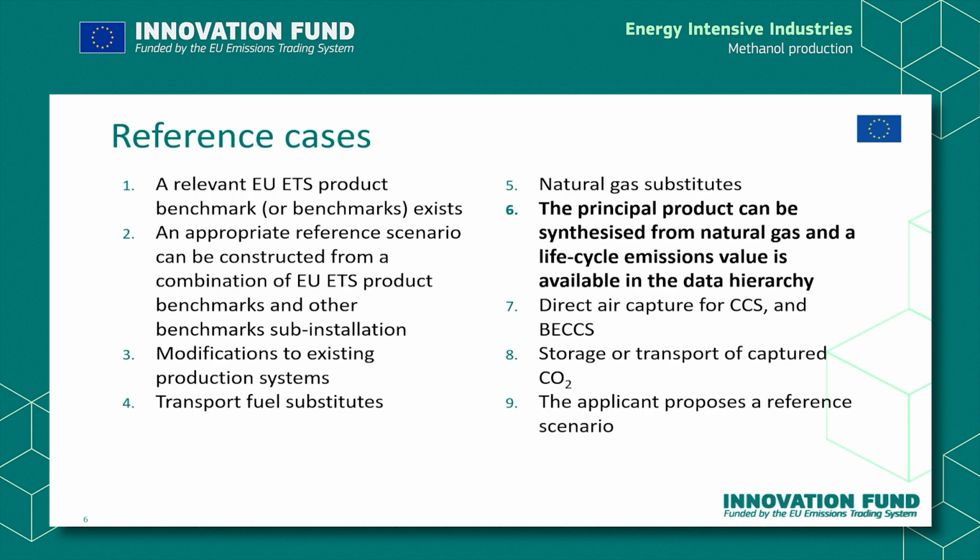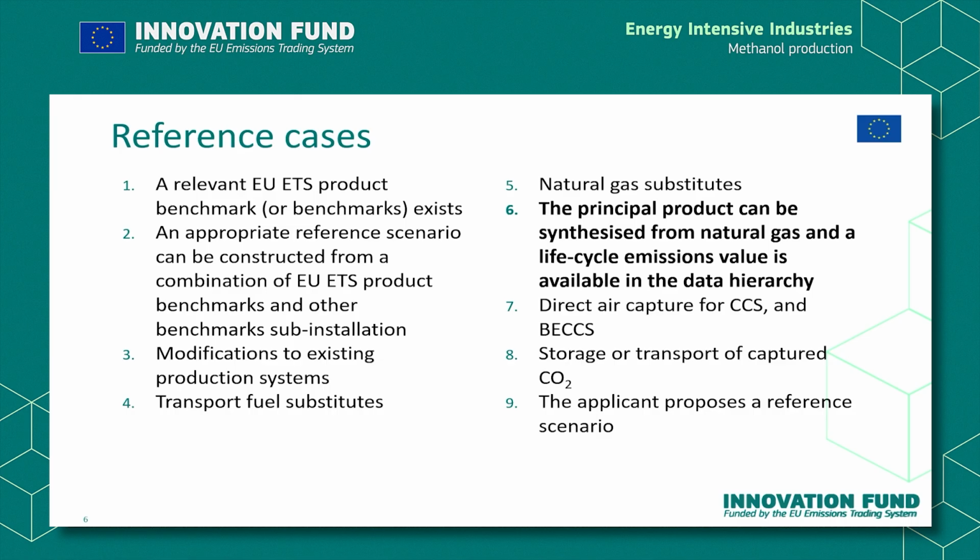In the case of methanol, there is no EU ETS product benchmark value available, which means that we will have to find another basis for the reference. Case 6 is applicable here. Methanol can be synthesized from natural gas, and the GHG methodology tells us that we can use a reference emission intensity of 97.1 grams of CO2 equivalent per megajoule of methanol.